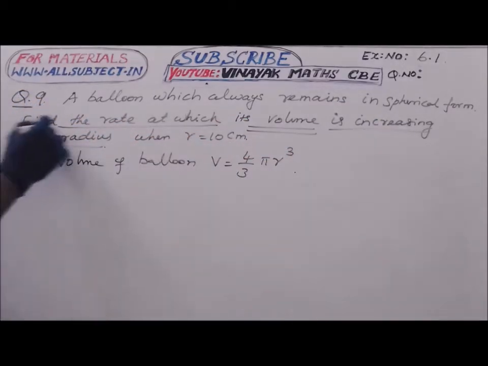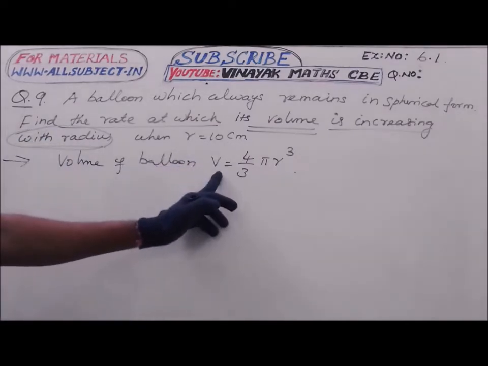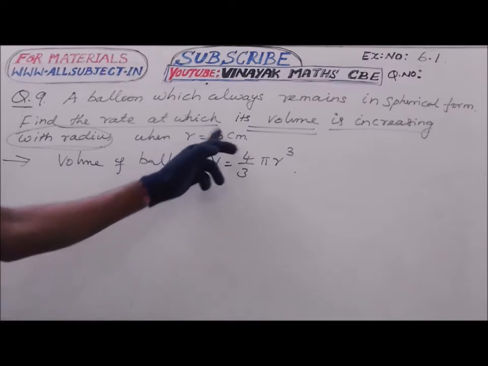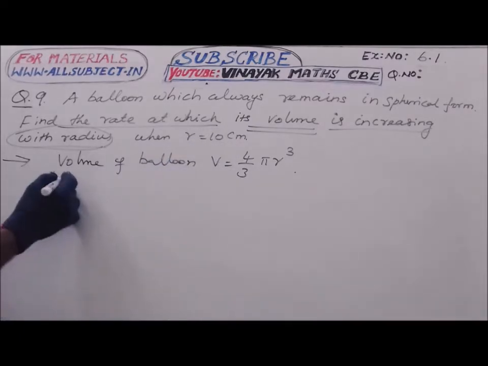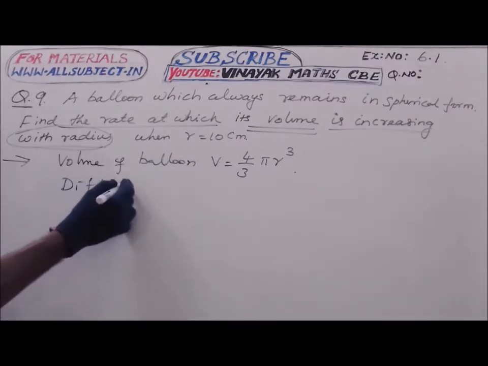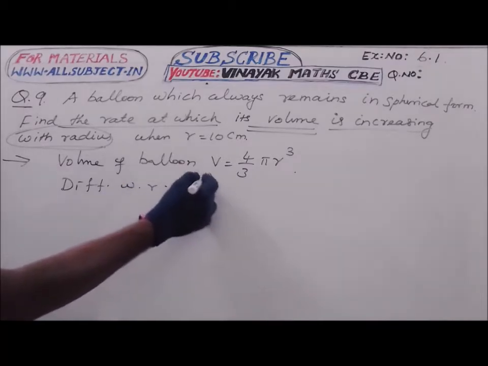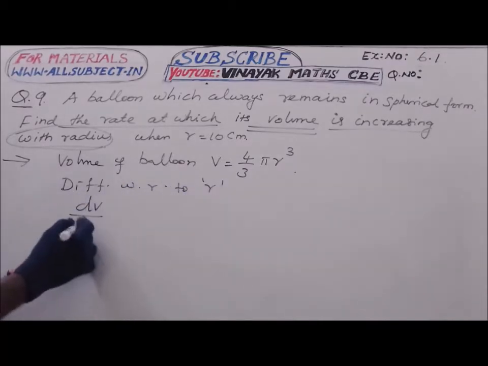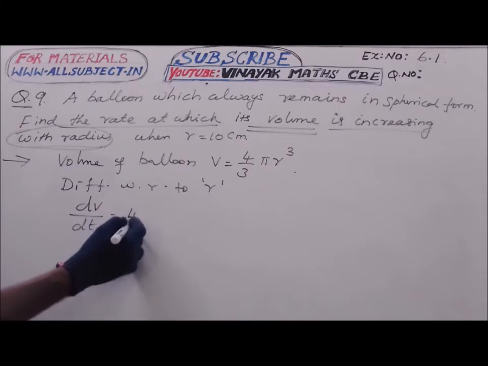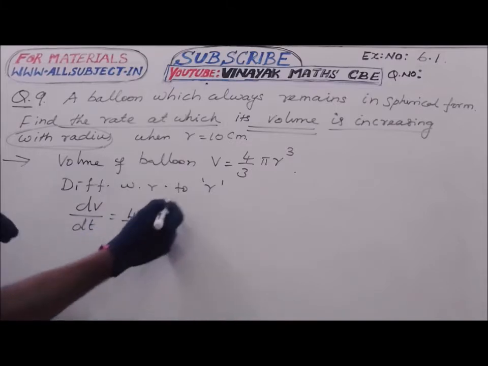With the radius, this is very important, with respect to radius is given. So we should differentiate it with respect to r, and then substituting r, you can easily get the result. So differentiate with respect to r. dV by dr equal to 4 by 3 pi constant.